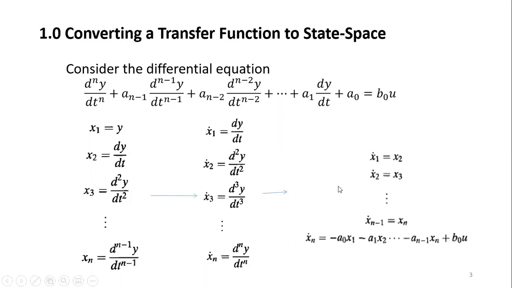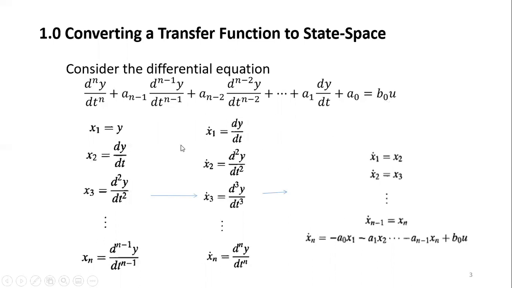Theoretically, in general form, consider that you have a differential equation, which is d to the power of n of y, so y is differentiated n times, plus some constants times y differentiated n minus 1 times, and so forth, until it equals a constant b naught times u, which is the input.